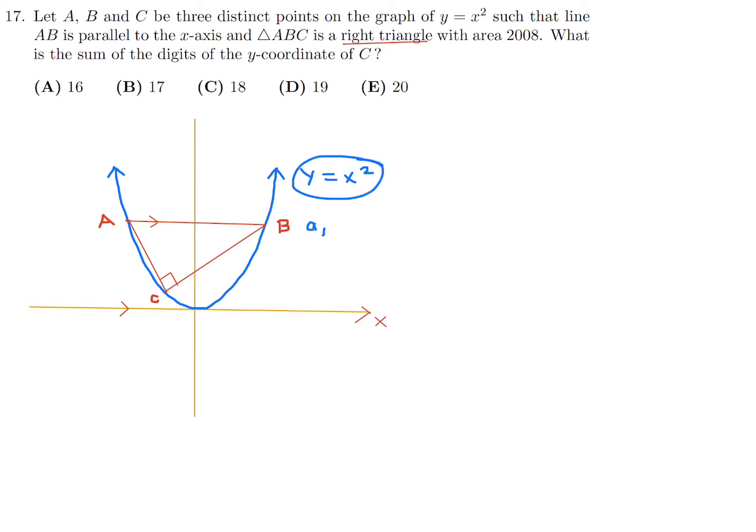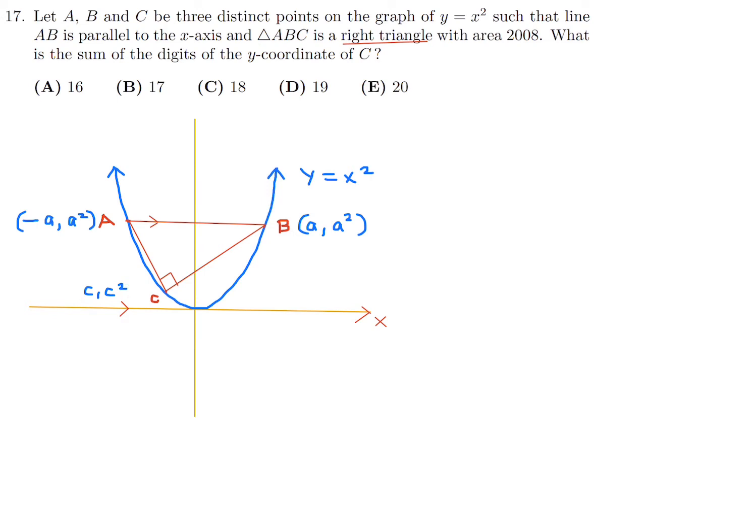Now, because it's on this graph, the y coordinate will be of the form a squared. Correct? Similarly, A, because of the symmetry of this diagram, will be minus a, a squared. Because AB is parallel to the x-axis, it has the same y coordinate. And then C, I have no idea, so I'll just call that x, x squared.